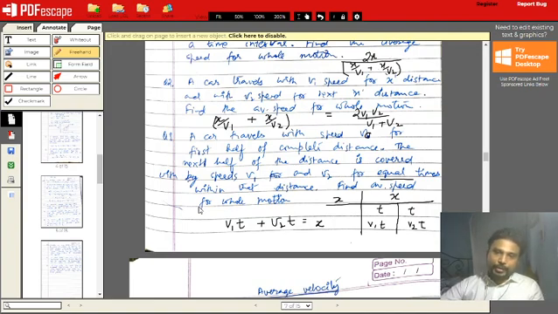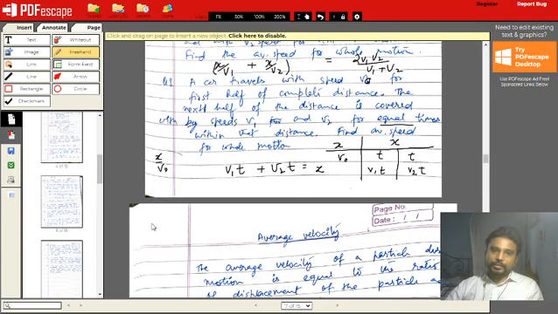The speed for the first half of the motion is v naught. So we would say that the distance traveled is x. The time taken is x by v naught in the first half of the motion. So applying the formula for average speed, it would be the total distance 2x divided by total time, x upon v naught plus t into 2.